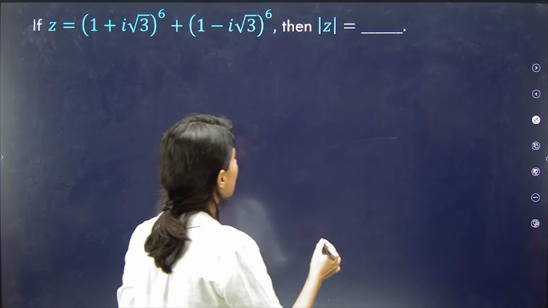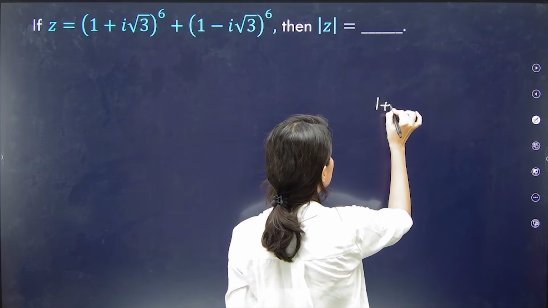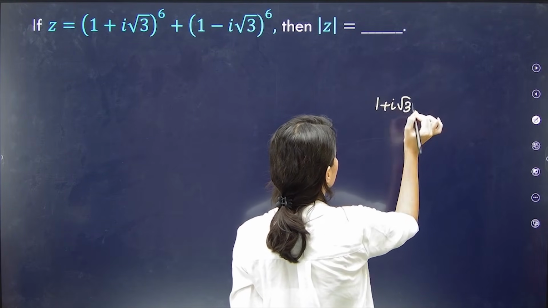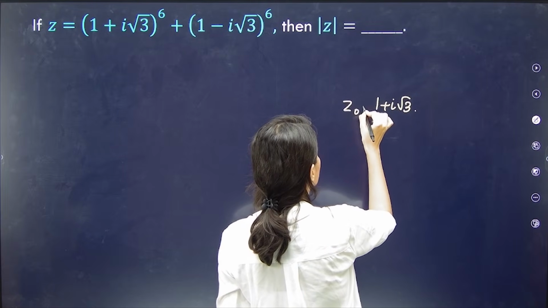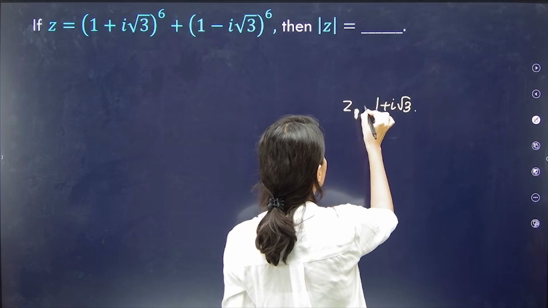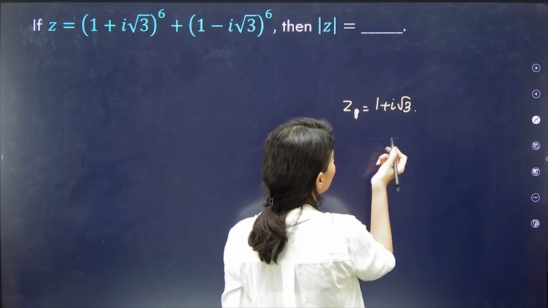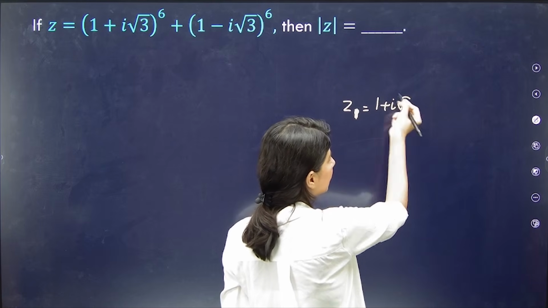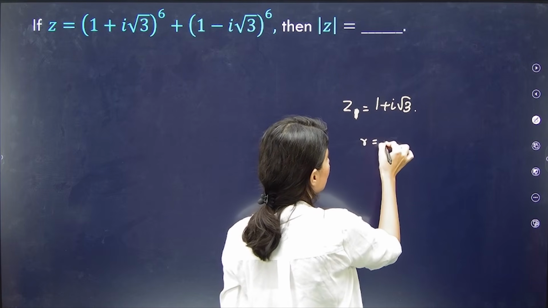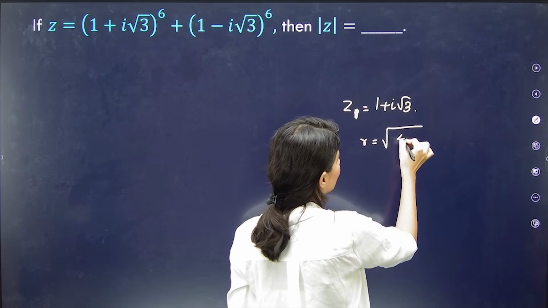Convert 1 plus iota root 3. Let us assume this is your z1. Now if you want to express it in Euler's form, you need r. Clearly r is equal to the square root of 1 square plus 3, so this is 4, r is 2.